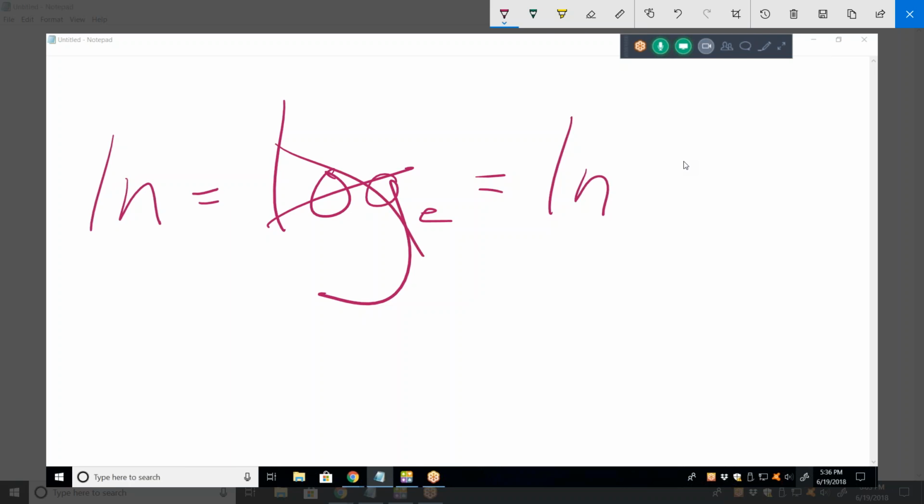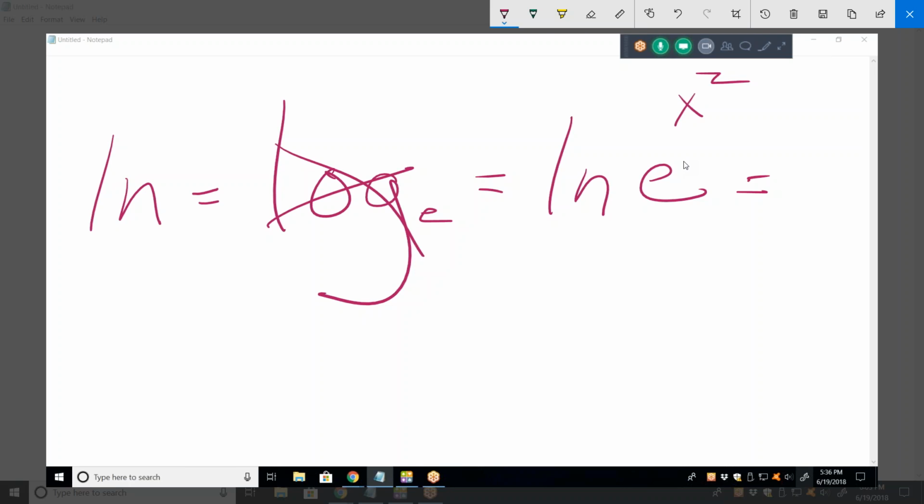I just did it for purposes of explaining that that's what ln is, it's log base E. Is that equal to? So that would be E to the x squared.